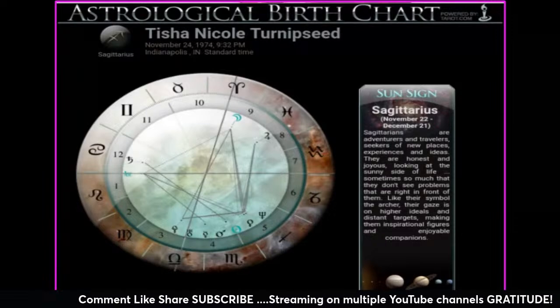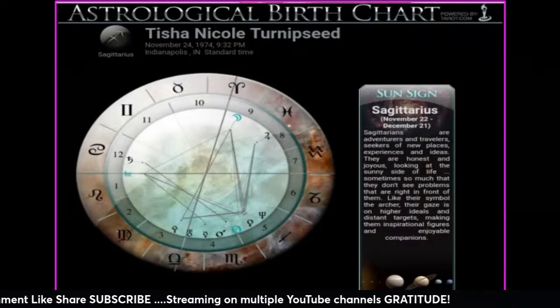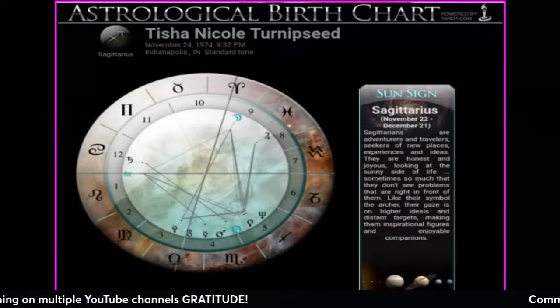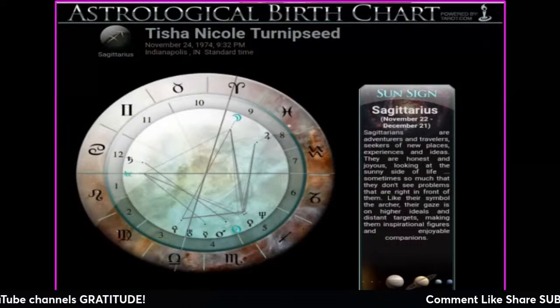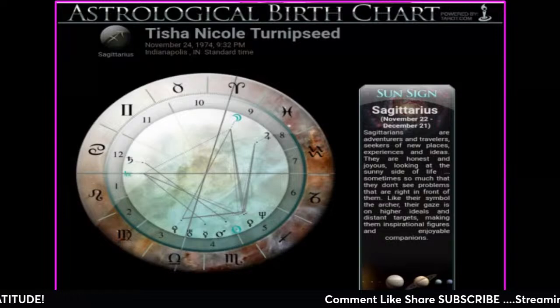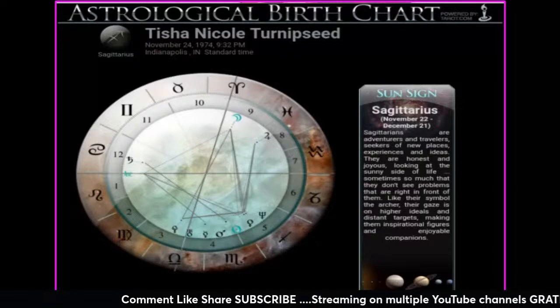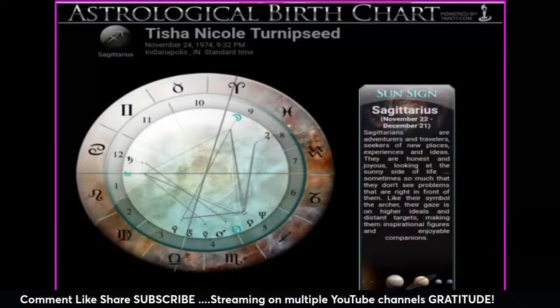Some of them also come with the readings, and some people charge you to give you a reading. There are different types of chart readings: love readings, money, work, all kinds of stuff.